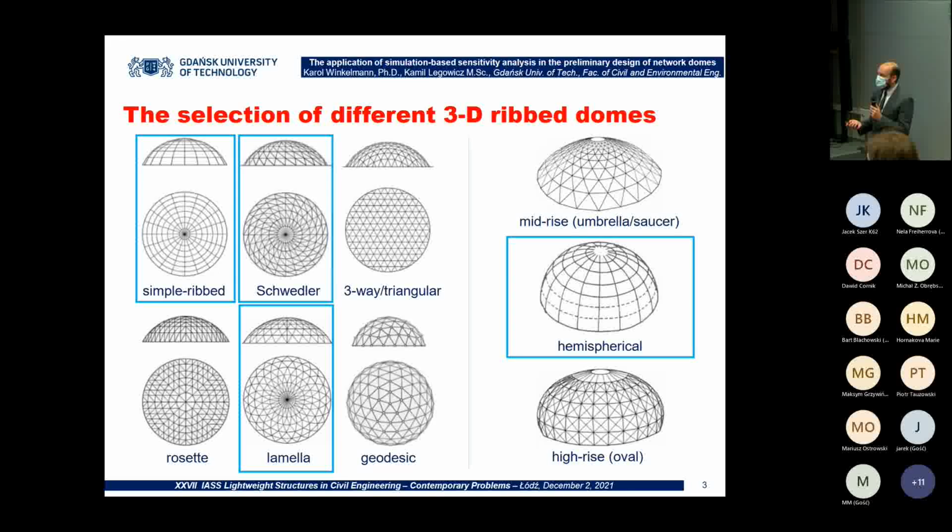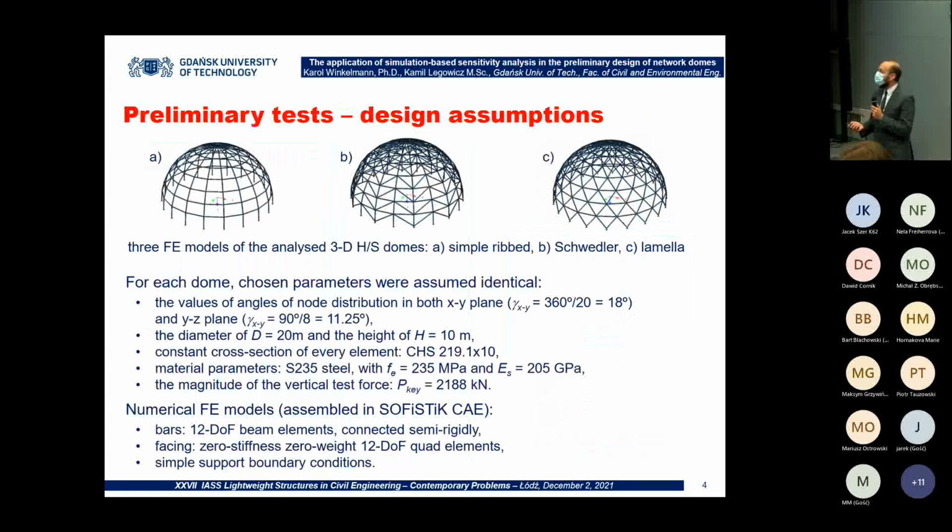For further investigation, upon no clear reason, just architectural, we have chosen these three dome grids, and we decided that we will focus on the semi-spherical one. These are the three models for the domes analyzed.